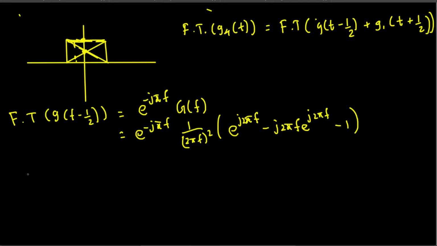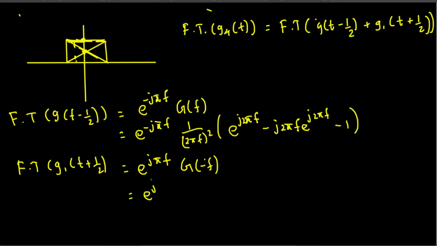Now we have to do the same thing for g1 of t plus half. That is e power j pi f multiplied by the time reversed Fourier transform of g of t, time reversed, and here frequency reversed.